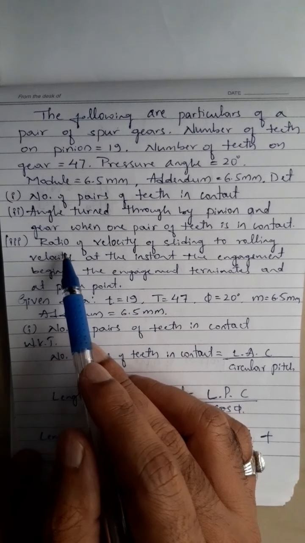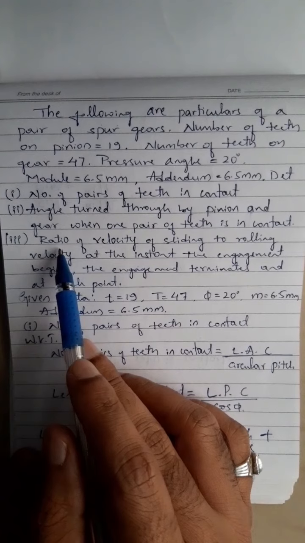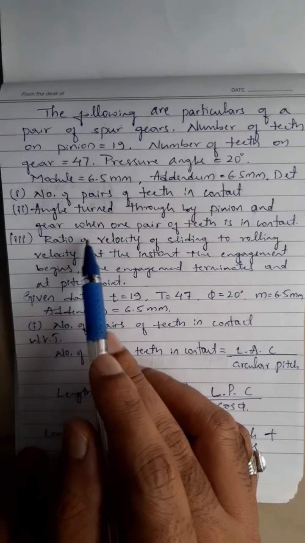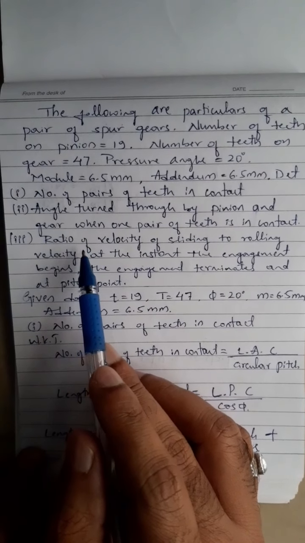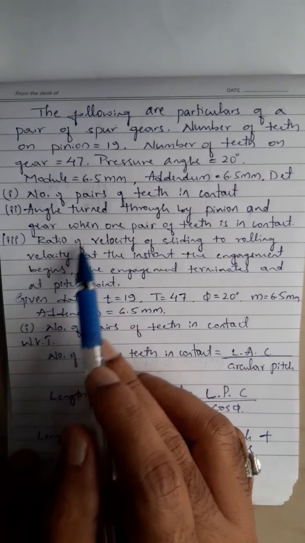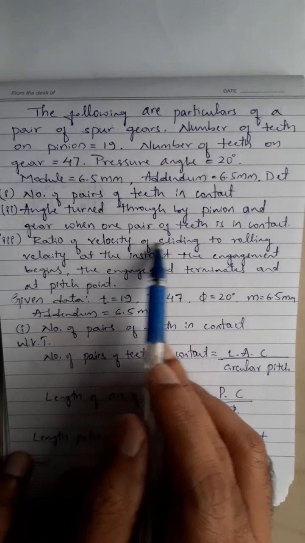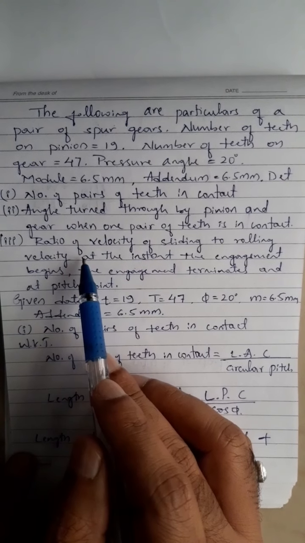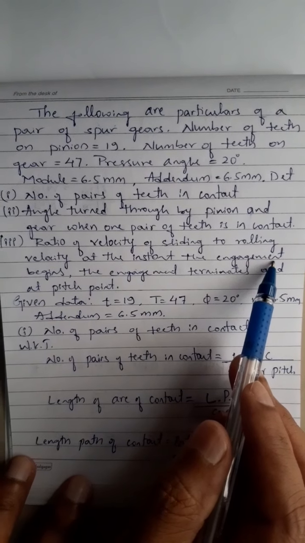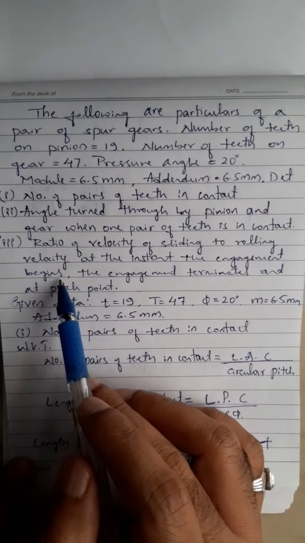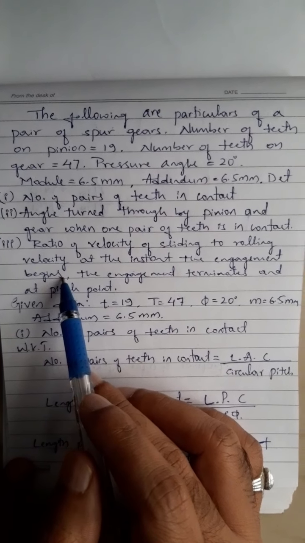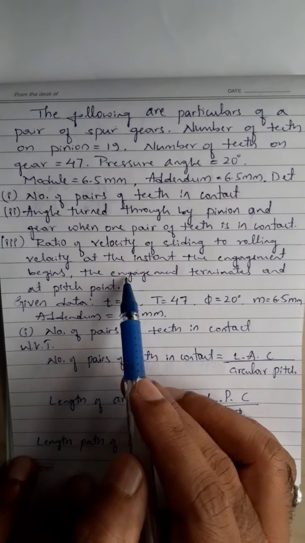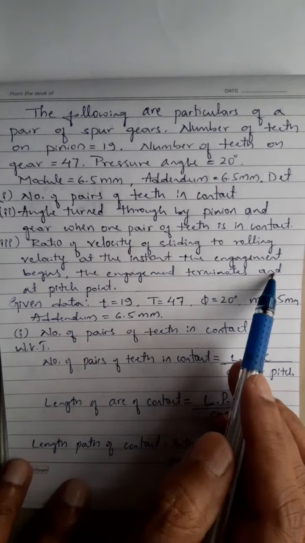And the next parameter they have asked is the value of the ratio of velocity of sliding to the rolling velocity. So the ratio of these two parameters we have to find, that is the ratio of velocity of sliding to the rolling velocity at three different instances: at the beginning of the engagement, which means at the time of the path of approach; when the engagement terminates, which means when the path of recess is there; and at the pitch point.